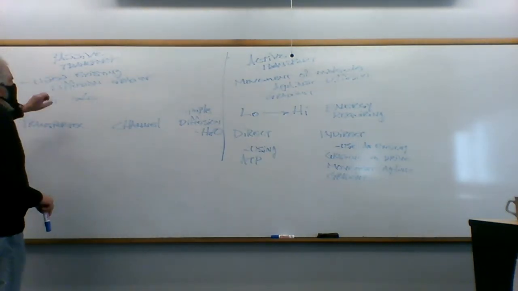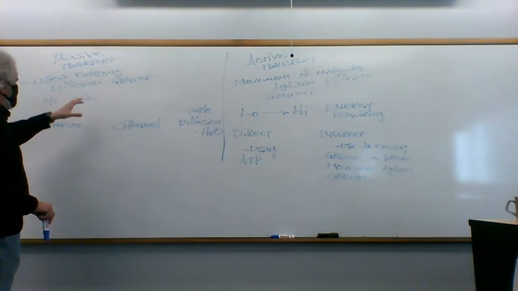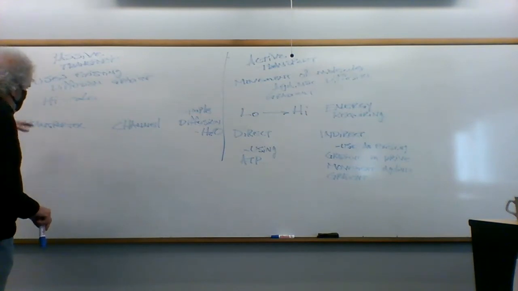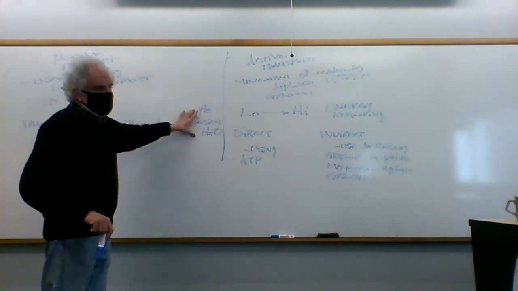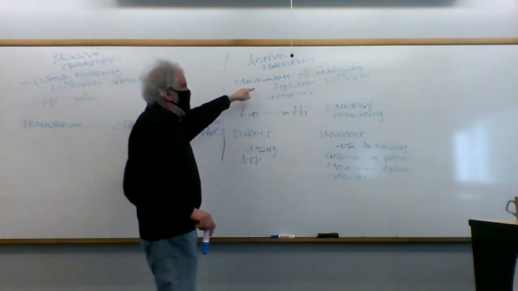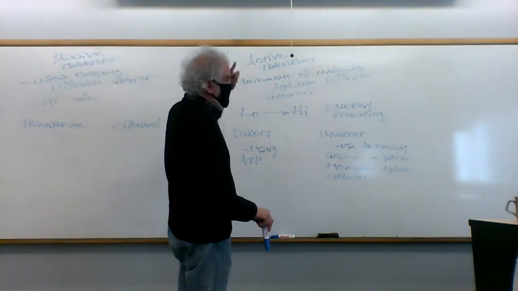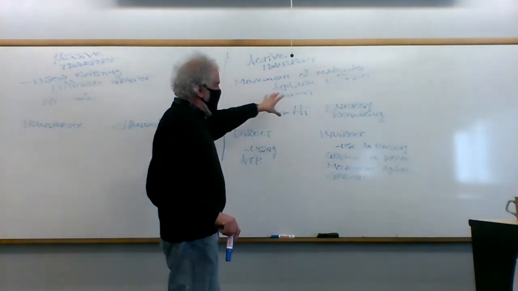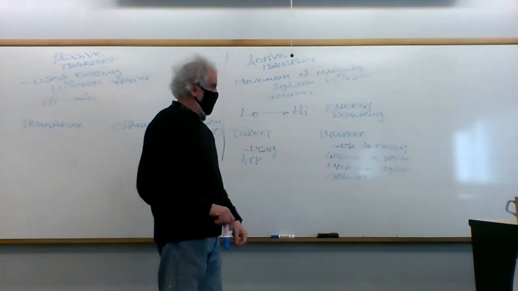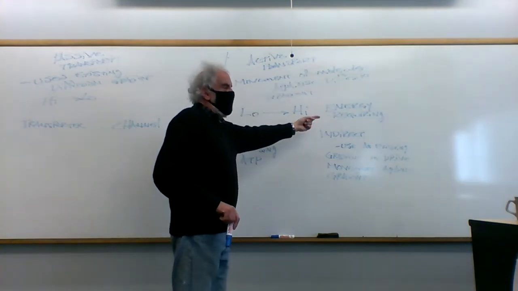Passive transport uses the existing diffusion gradient, movement from high to low. We got transporters, we got channels, we have simple diffusion. Active transport is movement of molecules against their diffusion gradient, meaning we're going from low to high, we're accumulating stuff, and it's going to require energy.